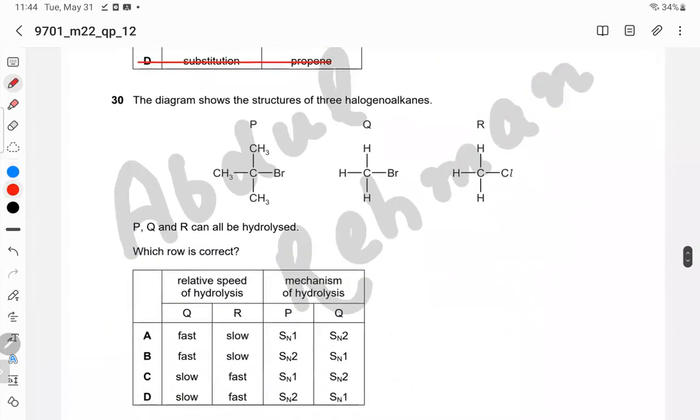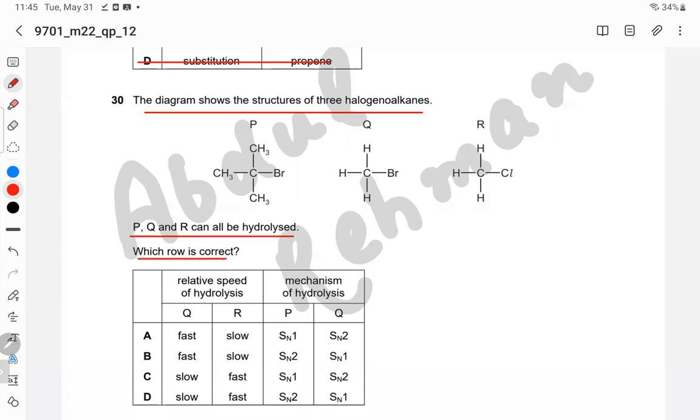Okay, now question number 30. The diagram shows the structure of 3 halogenoalkanes. P, Q, and R can be hydrolyzed.